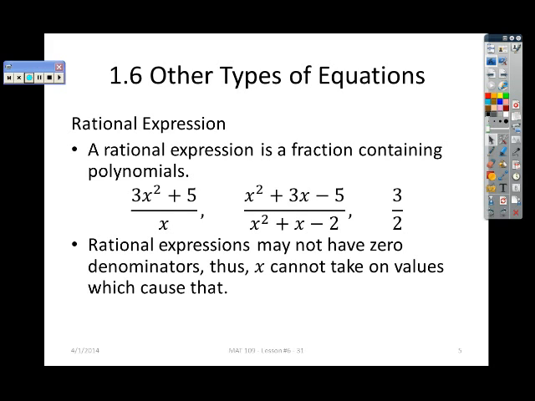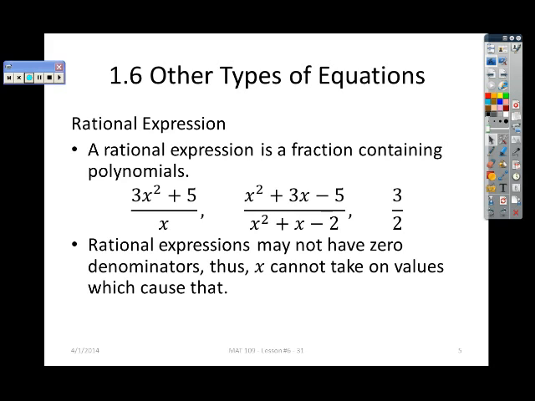When you have a variable in a denominator, variables take on different values. That's the whole purpose of having a variable, is because it can have different values. In order to prevent division by 0, we must ensure that we don't put a value of x in that would cause the denominator to equal 0.